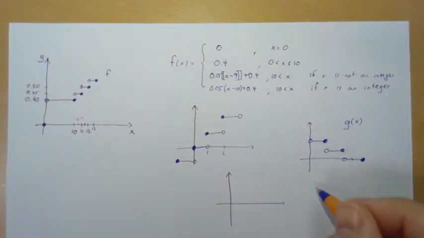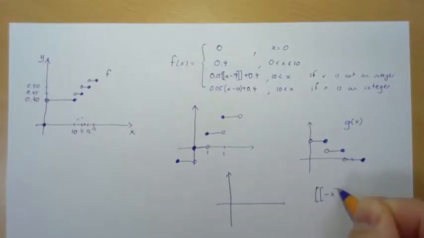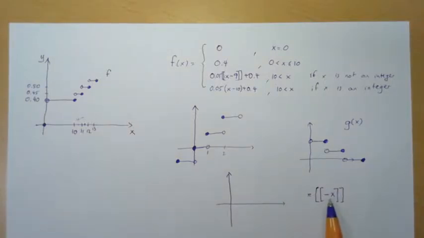If you graph the function negative x, the integer function of negative x, what you get is actually you're flipping across the y-axis. When you're looking for the value at x equals -3, you actually look for the greatest integer at +3.